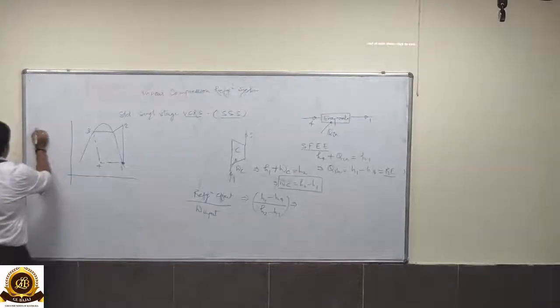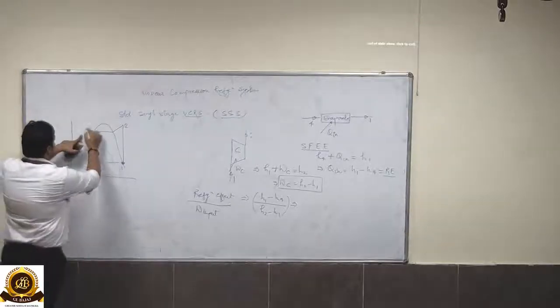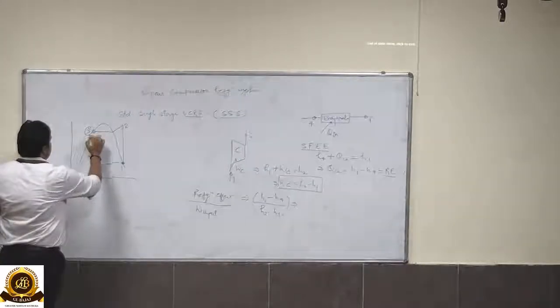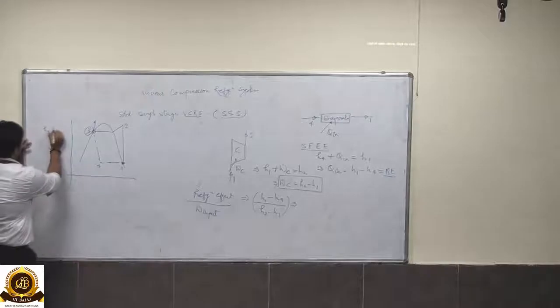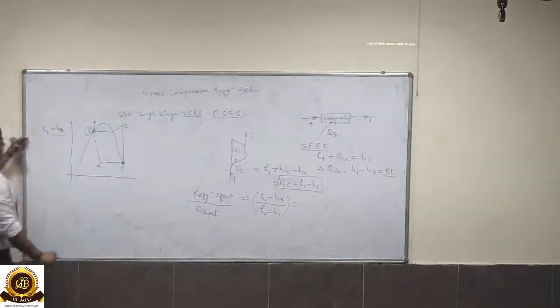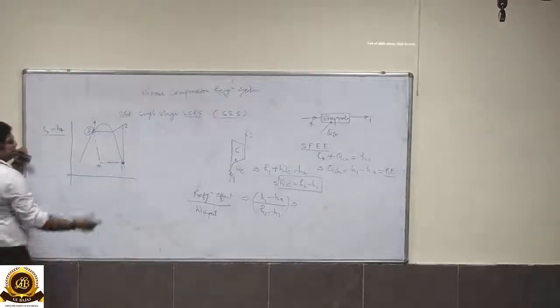If we know the value of enthalpy at the saturated liquid line, which is obviously at the exit of the condenser, we have H3 equal to H4, because in the throttling valve the process is an isenthalpic expansion.